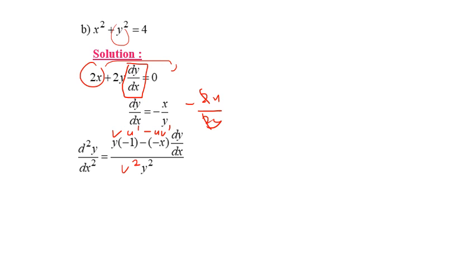And then u v prime, so differentiate y, dy/dx. Okay, so that's applying the formula. And then as in the previous question, we also have to replace dy/dx. Remember dy/dx is negative x over y. So replace with that. That's what happens in the next step. And then later we can factorize.